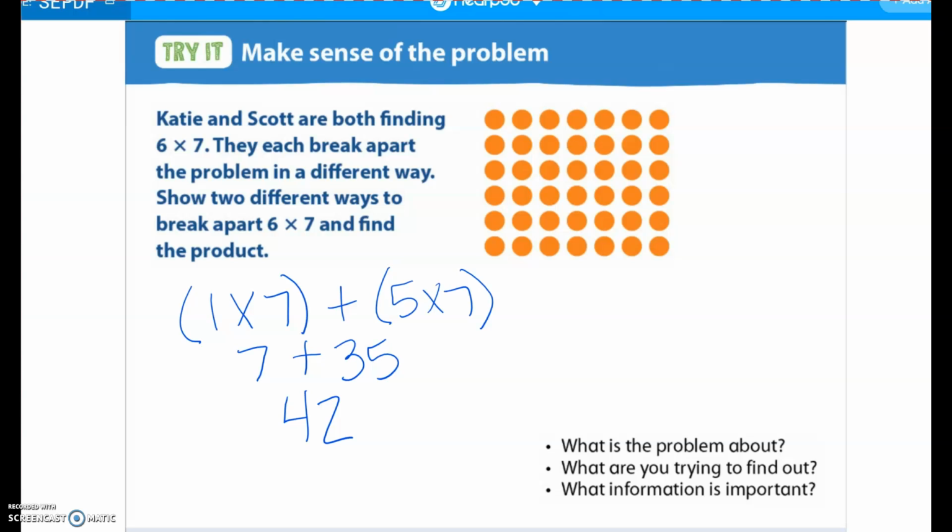So I would also break apart the 7 into 5 and 2, because 5 and 2 is a really good way to break apart a 7. So we'd leave the 6 alone and break the 7 into 5 and 2.